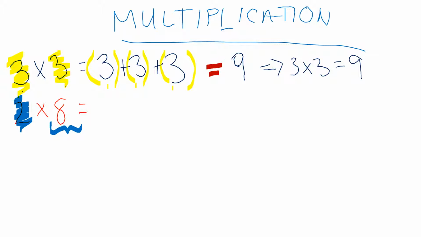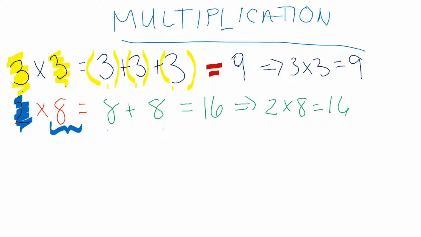The reason why is because then we have fewer numbers to add. I think minimizing what we're doing work-wise makes problems a ton easier. So, 8 plus 8, we have 2 groups of 8 equals 16. Therefore, 2 times 8 equals 16.